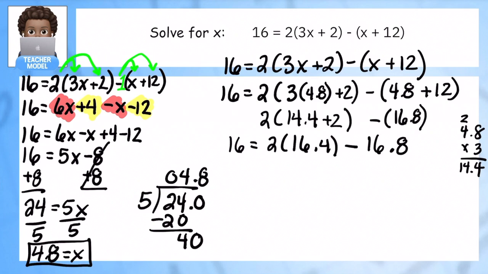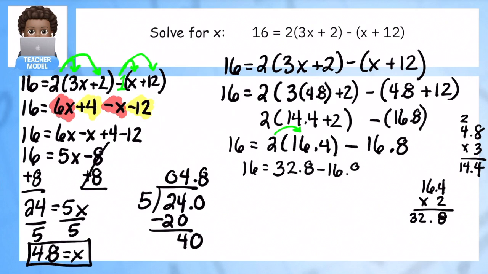All right, now I'm going to distribute. I have to multiply by 2. So 16 and 4 tenths times 2 is 32 and 8 tenths. Minus 16 and 8 tenths. So we're down to the last step.